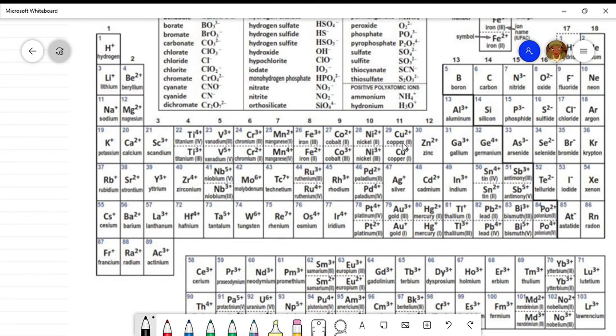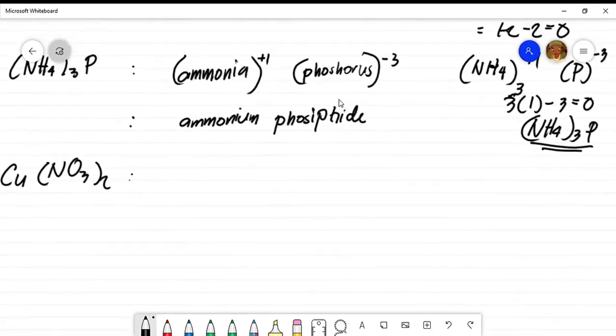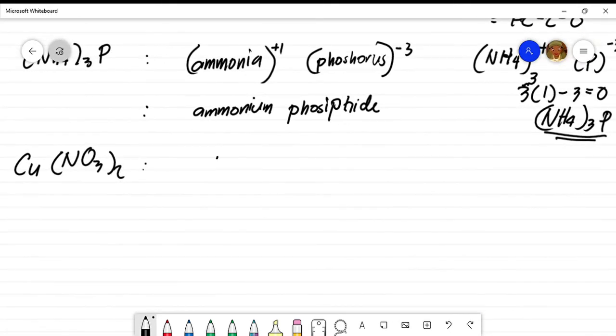So copper here can be either +1 or +2, and we are not sure of that yet. We will have it written first, since this is positive, this is the cation, and we're looking for the NO3.